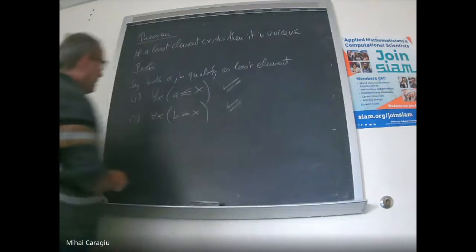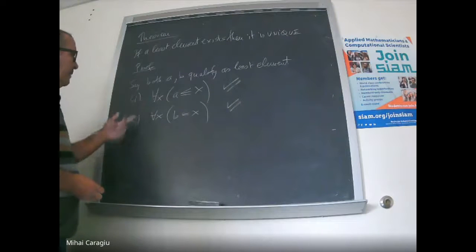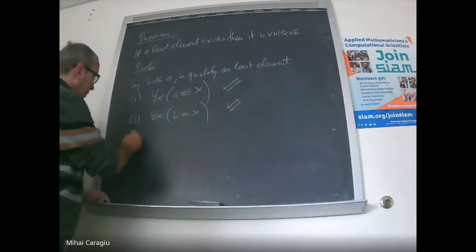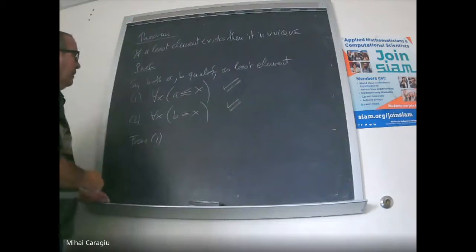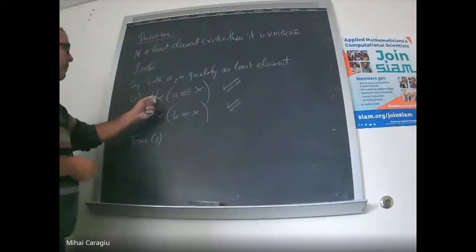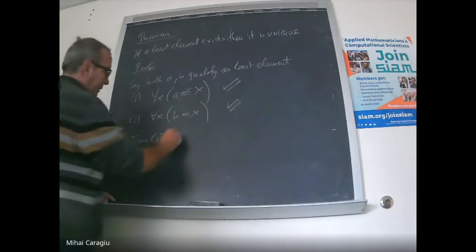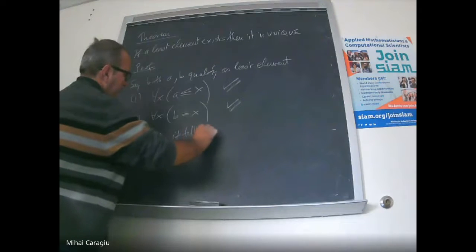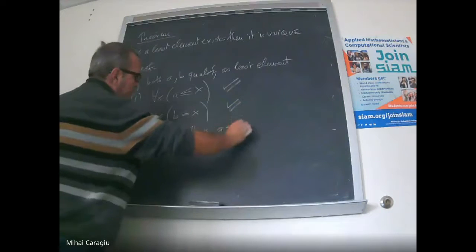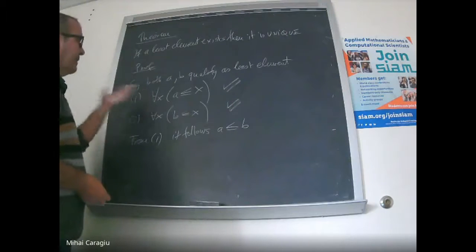Now that we've got those two things, there's a quantifier here. From 1, what follows? If A is less than or equal to x, no matter what x, it follows that for the special case when x is B, A is less than or equal to B. That's universal instantiation.